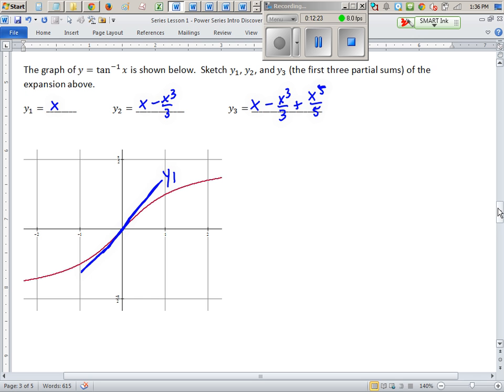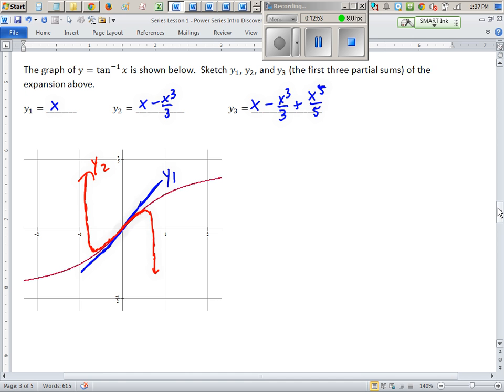Here comes y2. Draw the right side of that a little bit better. Trying to get it to look like it hugs the curve a little more than the other did. This is y2, and it just does a better job of hugging the curve.